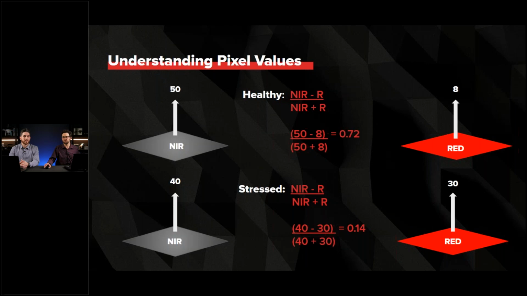And this is a new TIFF file that provides a normalized ratio of near infrared to red pixel values. And this is called NDVI, or Normalized Difference Vegetation Index, and it is a great indicator of plant health. And you can see the arithmetic on the slide there and what the values might come out to in healthy versus stressed plants.